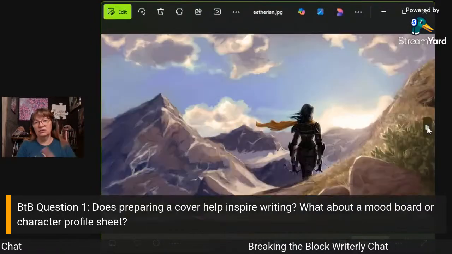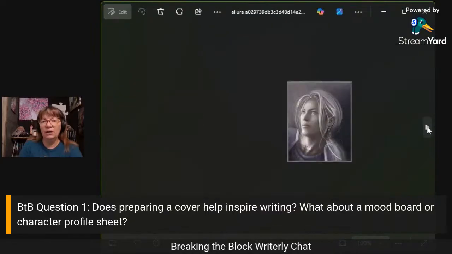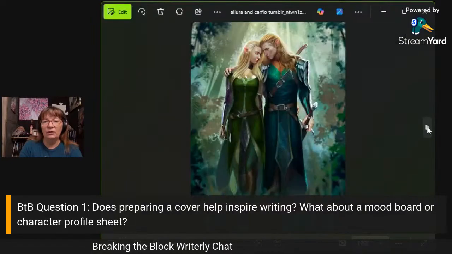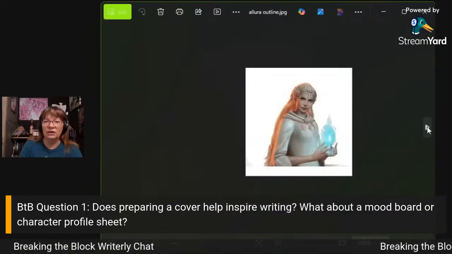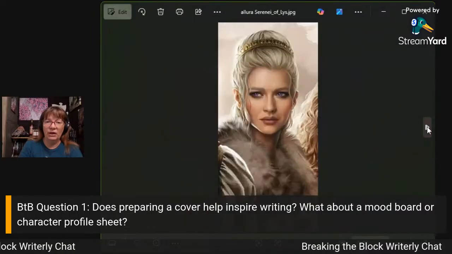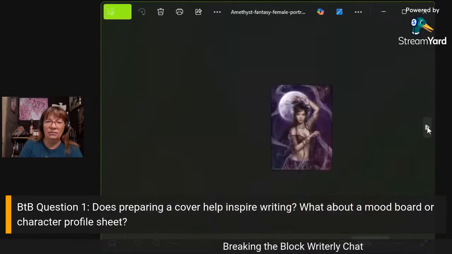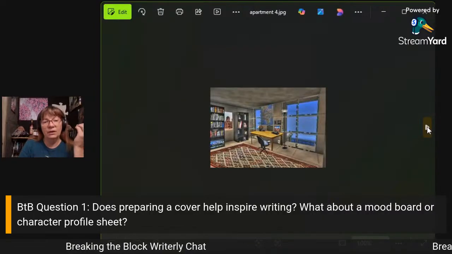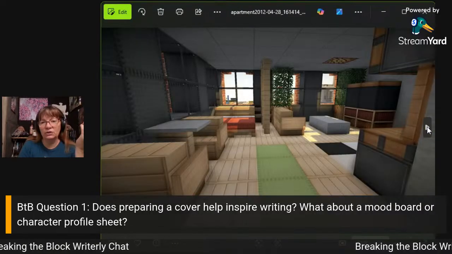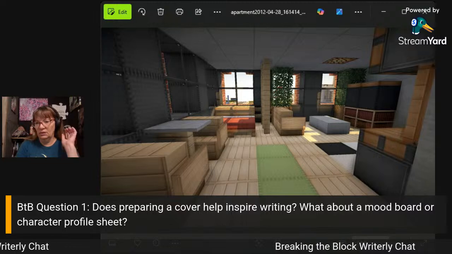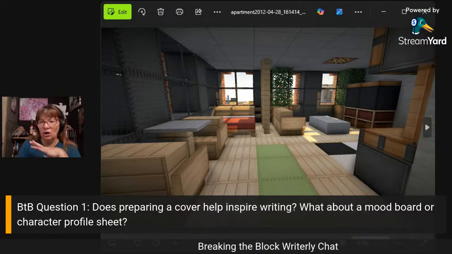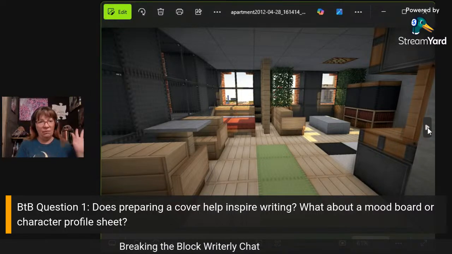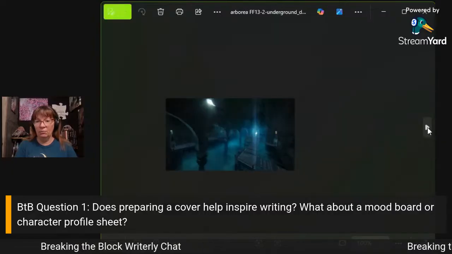It's very interesting the way your brain will cycle through things when you have a reference point to look at. It also helps you to not have white room syndrome, which I think is very important.